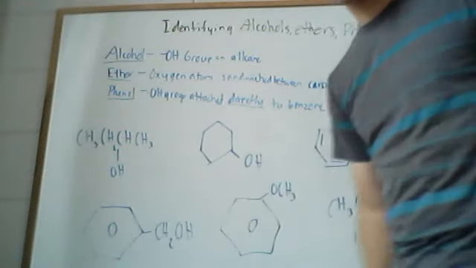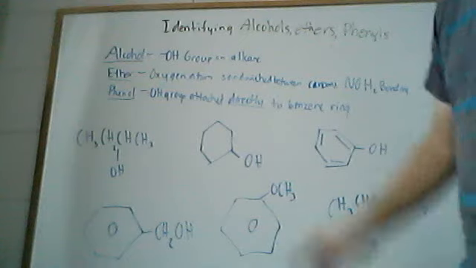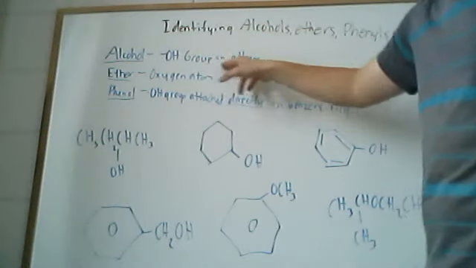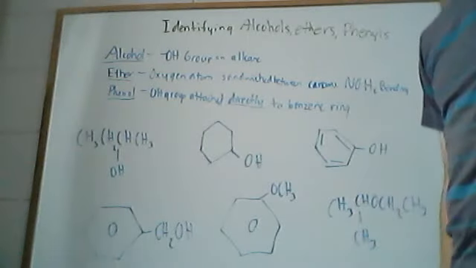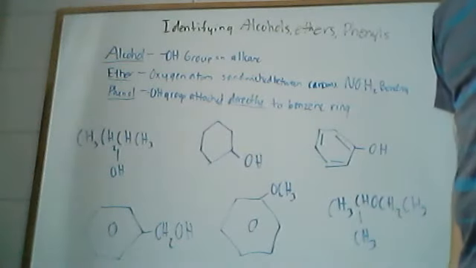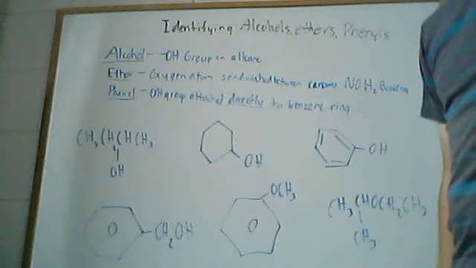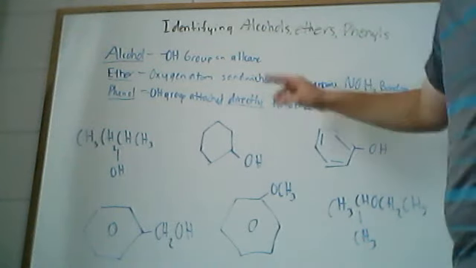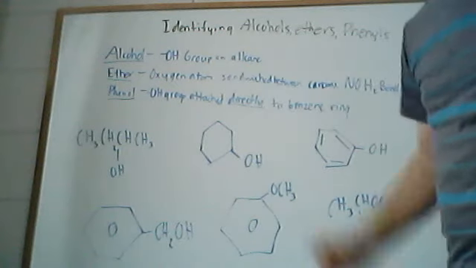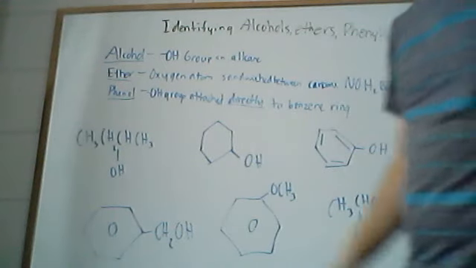Next example down here, we have an OH group attached to a methyl, which is attached to a benzene ring. Let's go through our definitions. Alcohol is an OH group on an alkane. This is not an alkane, so it cannot be an alcohol. Or can it? Because remember what I said earlier, it has to be directly attached to the alkane.